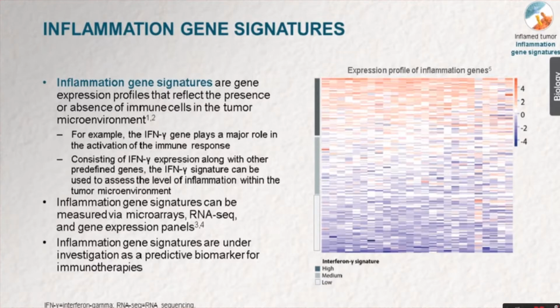For example, things like an interferon gamma gene signature can identify tumors that have an activated or inactivated immune response. These methods are under investigation as additional tools to determine whether a tumor will respond to a selected immunotherapy. These haven't yet made it into routine use, but are under intense investigation.